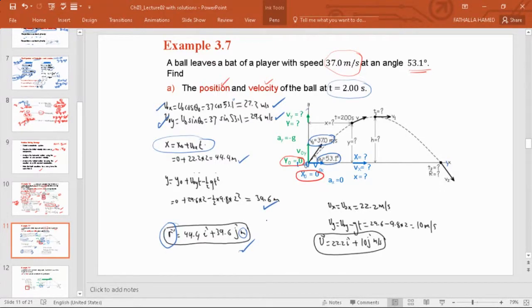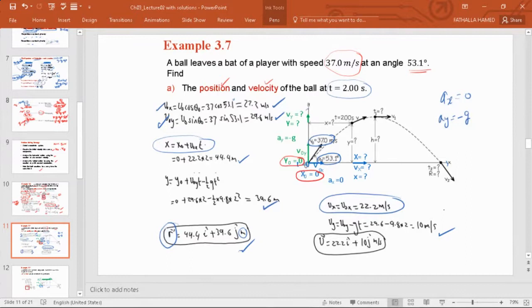Now when it comes to velocity, in projectile motion, ax is equal to 0, ay is equal to minus g. Your velocity is not affected at all along the x-axis, so the x component of your velocity is going to stay the same, which is equal to the v0x, 22.2 meters per second. The vy will equal v0y minus gt, which is 29.6 minus 9.8 times 2, and you get 10 meters per second.